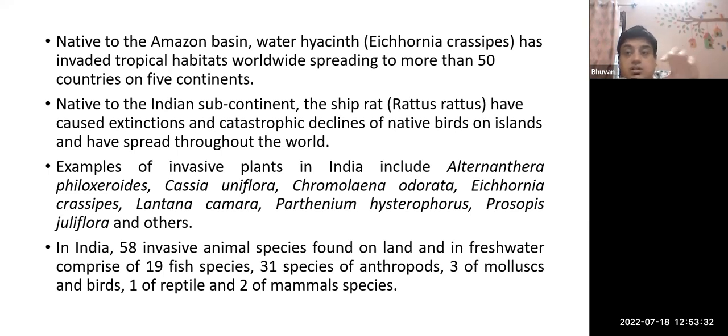Wherever this tree is there, it will start forming its own monoculture. So if you go into any forest where Prosopis juliflora is there, you will find that other plant species are not very adapted to live in these conditions. They can't adapt to such conditions, and the whole landscape is slowly dominated by Prosopis juliflora, also known as Vilayati Kikar in Hindi.